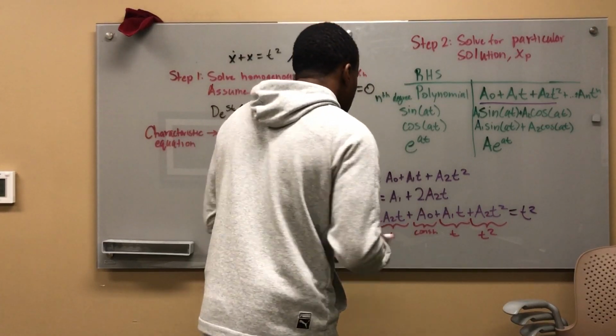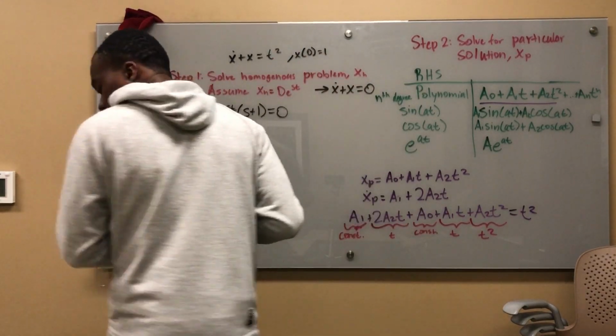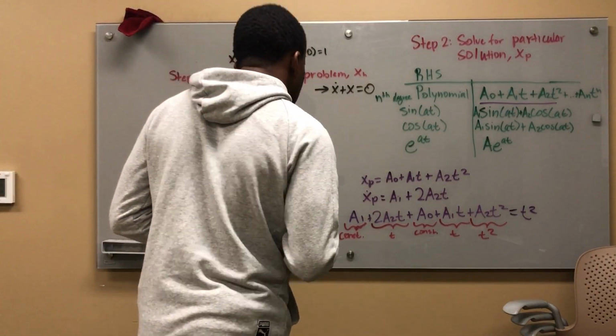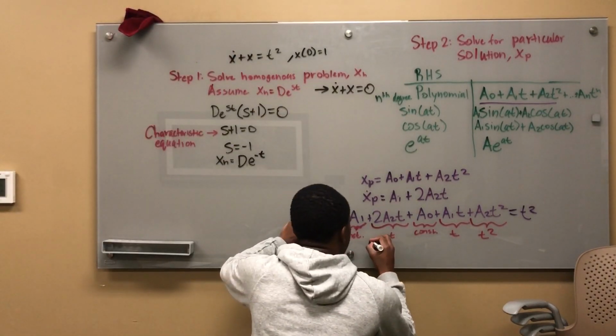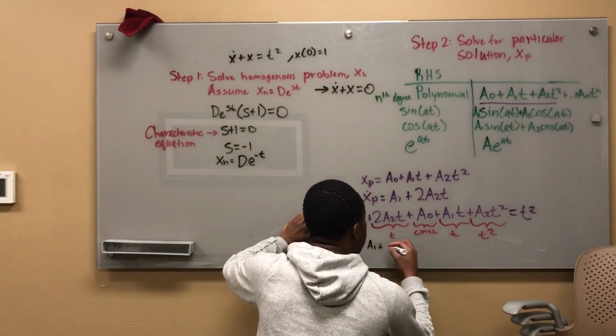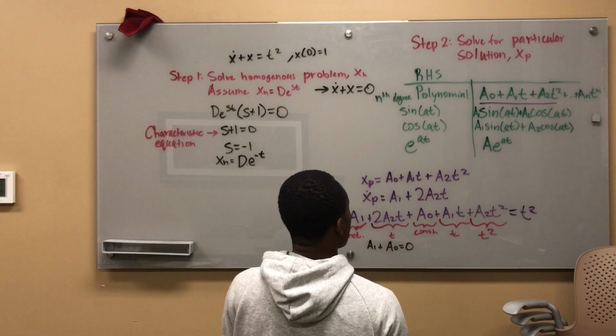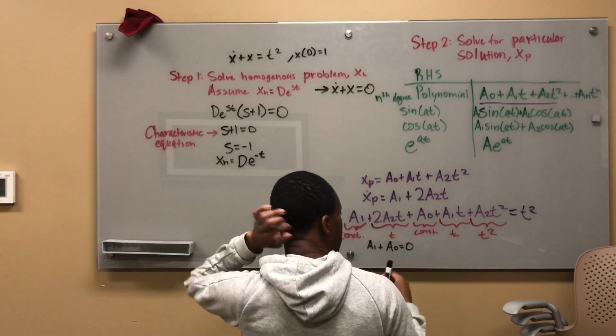The constants, right? I'm just gonna bring this over here. Just running out of space. Okay, so I know that A1 plus A0 equals 0, right? Because I'm trying to solve for these constants to get my full solution.